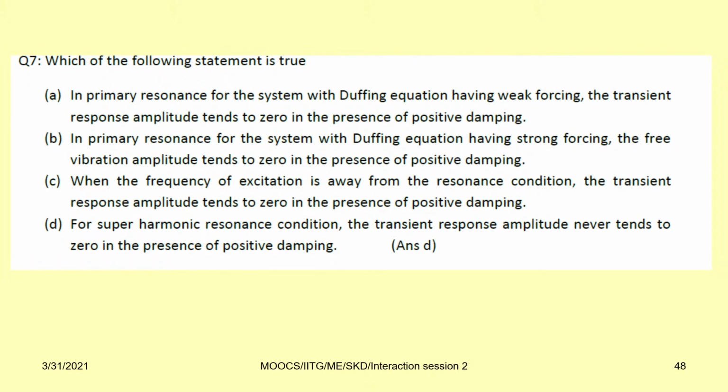Okay, so we are discussing question number 7. Which of the following statements is true? In primary resonance for the system with Duffing equation having weak forcing, the transient response amplitude tends to 0 in the presence of positive damping.